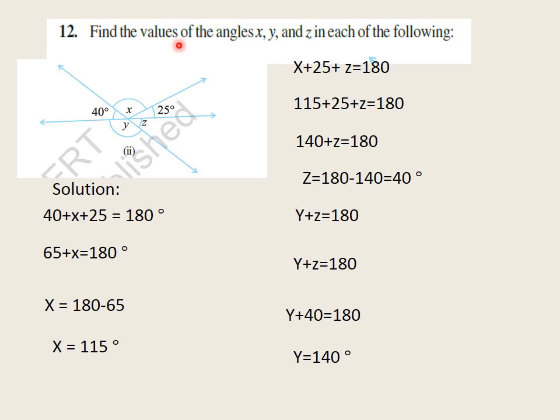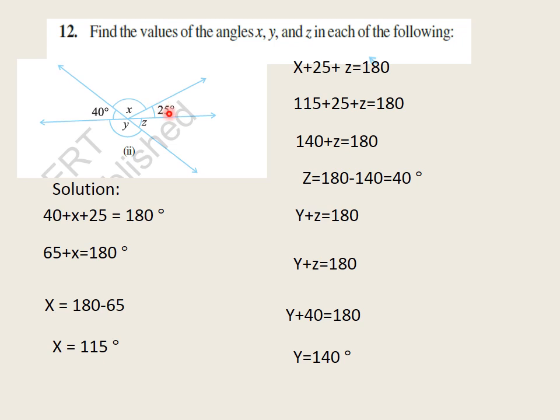Problem number 12. Find the values of the angles x, y, z in each of the following. This is the diagram given. Can you guess how to find them? The first thing is 40 plus x plus 25 is equal to 180 degrees, because it is properly forming a straight line.